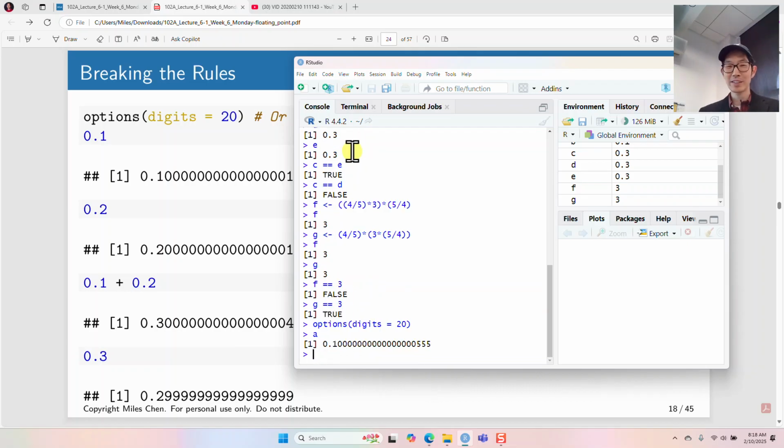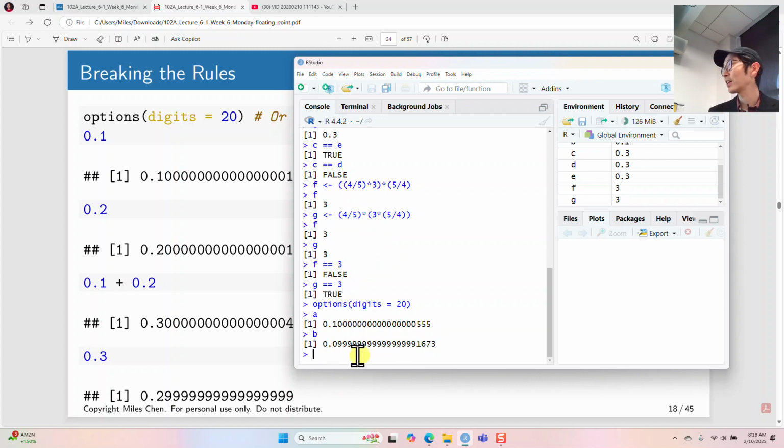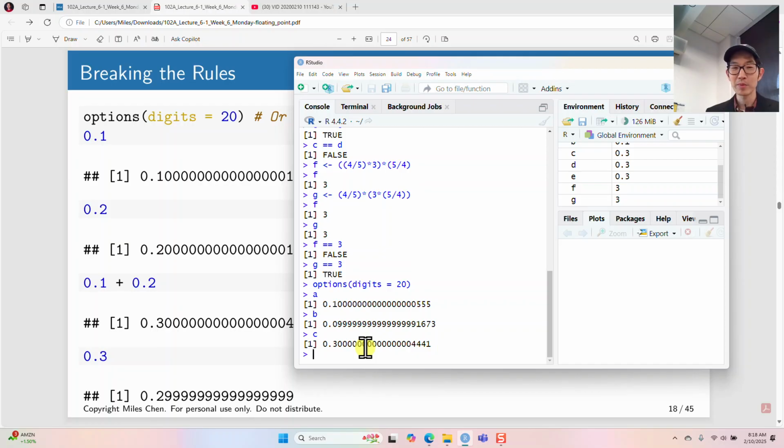Internally it's stored as this, because it's kind of like asking the decimal calculator to represent 1/3. You can't do it exactly, right? If I ask what's B, or 0.3 divided by 3, this is how it's stored internally, okay? So these are not quite the same, okay?